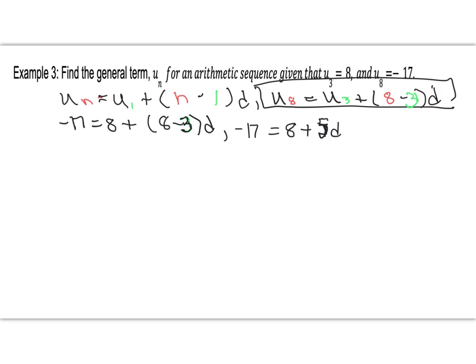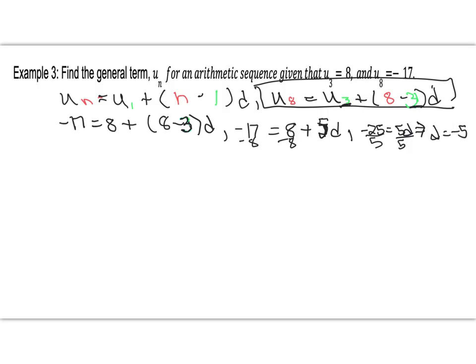This should be 3. It has to be the same number as that number. Okay, that's better. So now I'm going to subtract 8 from both sides. And I get negative 25 equals 5D. So when I divide both sides by 5, D is equal to negative 5.